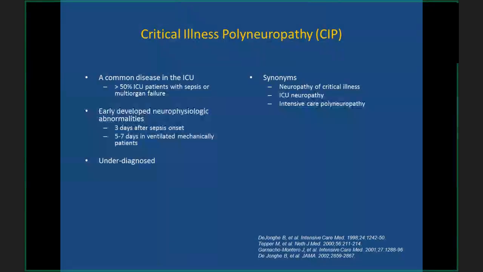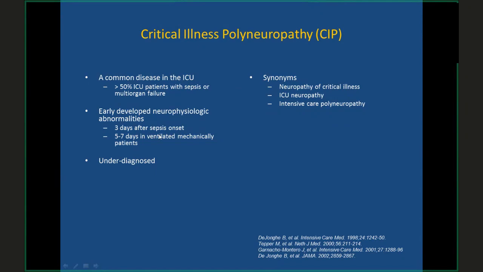So in typical CIP patients, the study shows CIP is very common. More than 50% of ICU patients, especially those with sepsis or some organ failure, will develop CIP. CIP also develops very early.